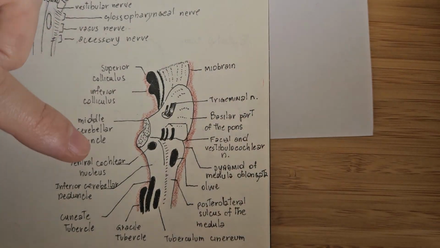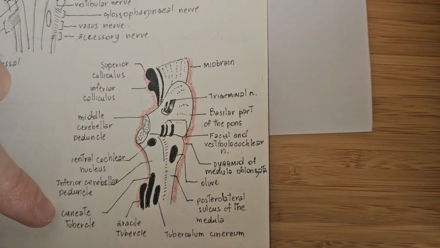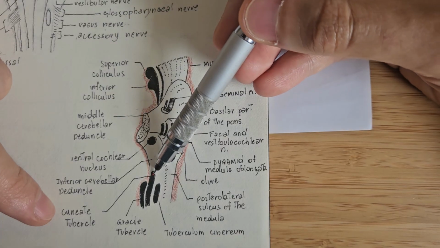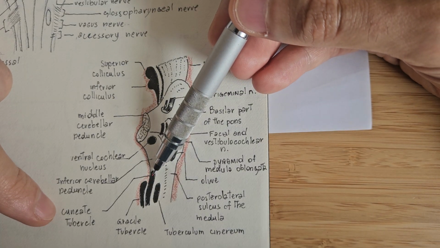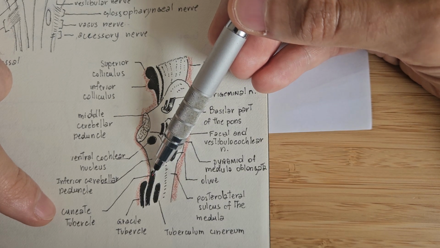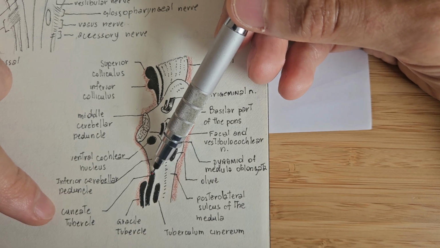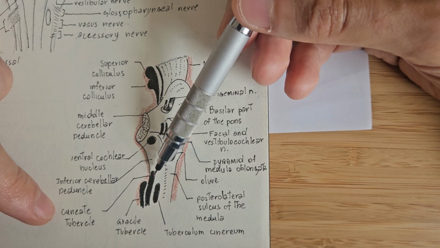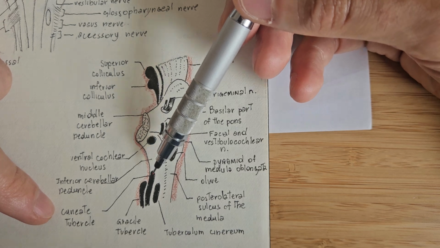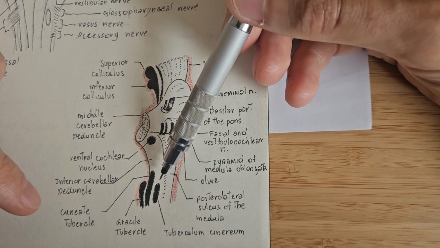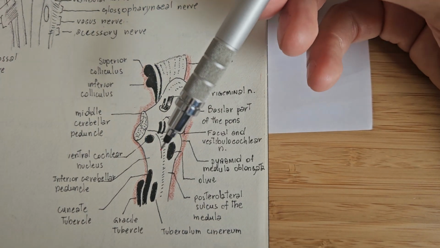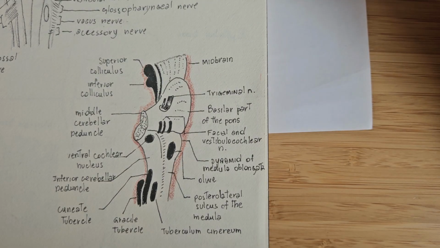And then we have the cuneate tubercle here, that is a raised area on the lateral surface of the medulla and containing the cuneate nucleus. And this cuneate nucleus processes sensory information from the upper limbs and trunk.